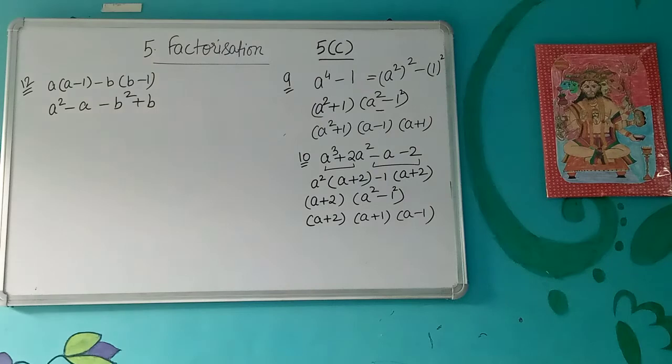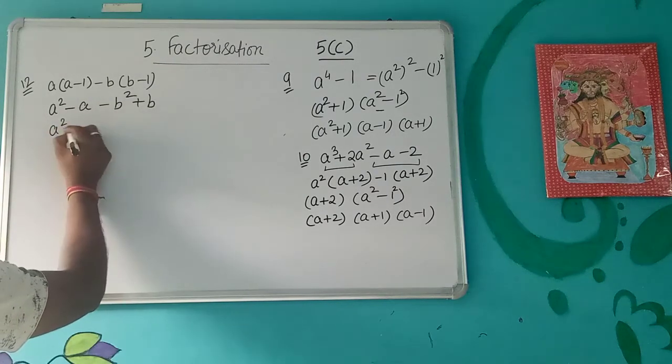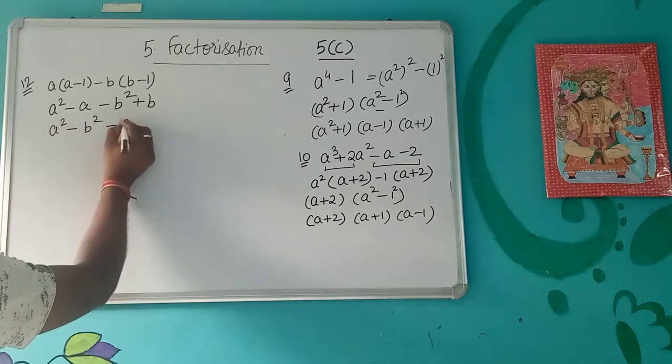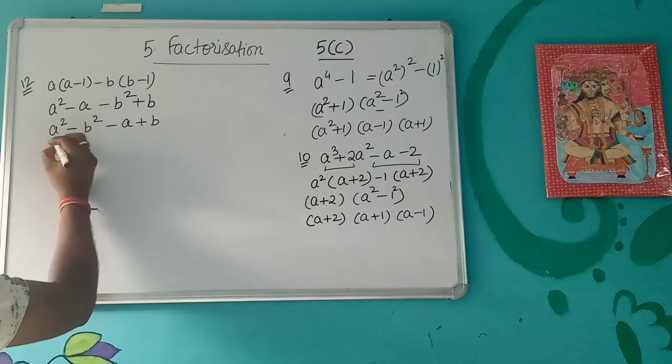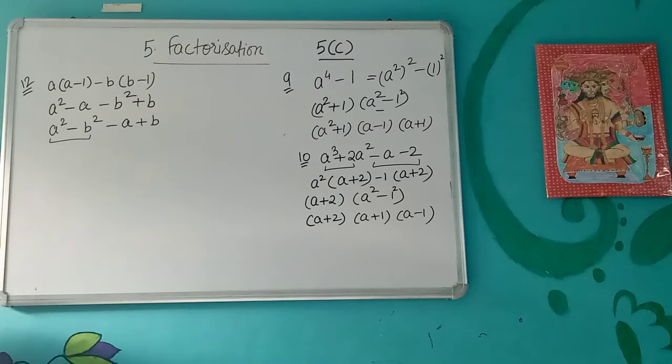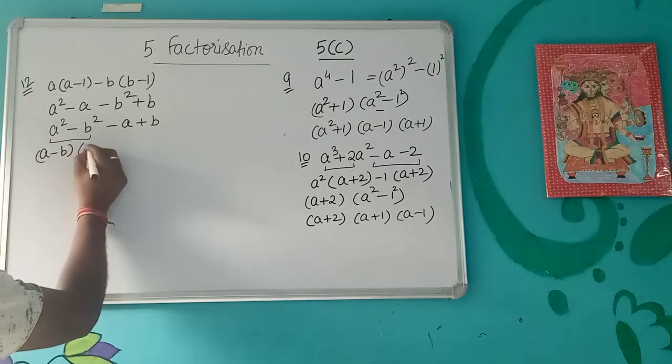Okay. Then I will rearrange the terms. I will bring this b square here and keep these two terms like this. Now, if you see carefully, this we can factorize. So we will factorize it like a minus b into a plus b.